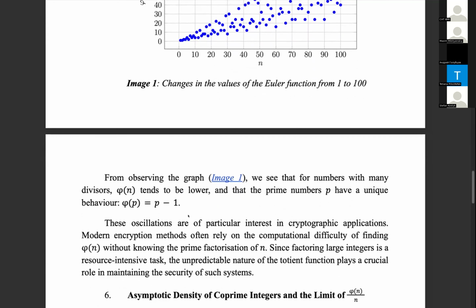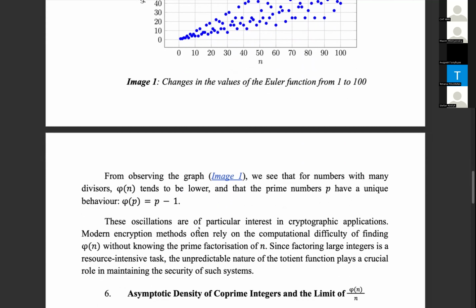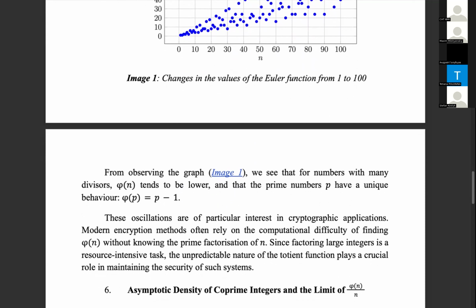This means that phi of n not only reflects the number of coprime integers, but it encodes the multiplicative structure of the set of all integers less than n that are coprime to n under multiplication modulo n.